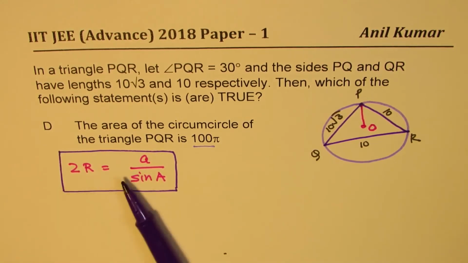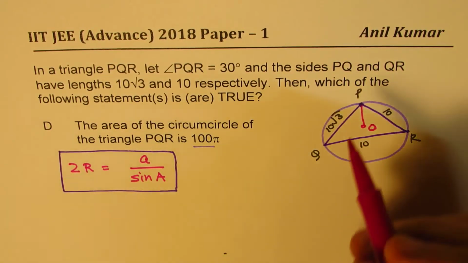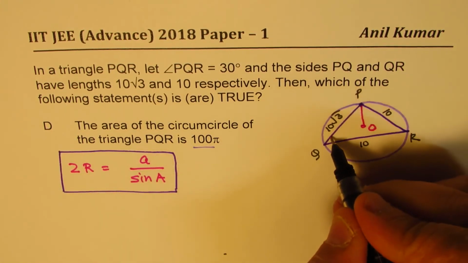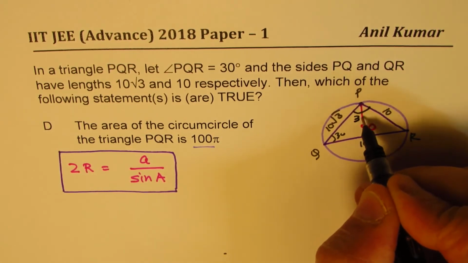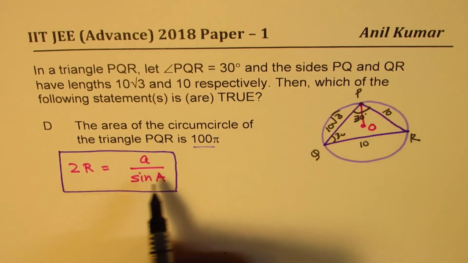Okay, so we'll apply this formula to find what we're calling the radius OP, right? So in our case, we know that we can use any angle. We know this was 30. That is a better side to use. We'll use any side we can use, 30 and 30, correct? So we can use these sides.